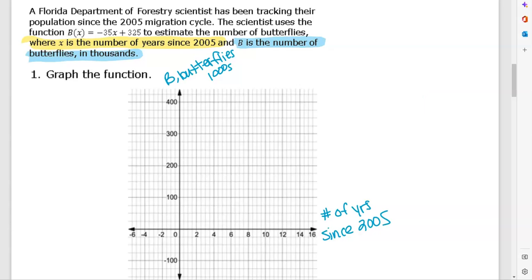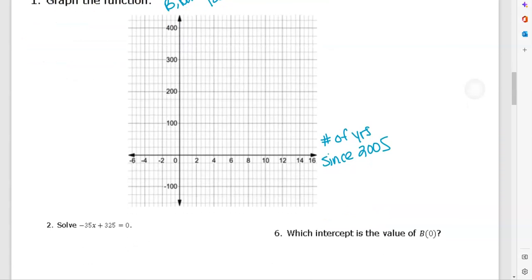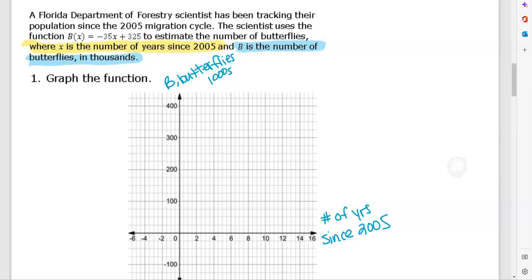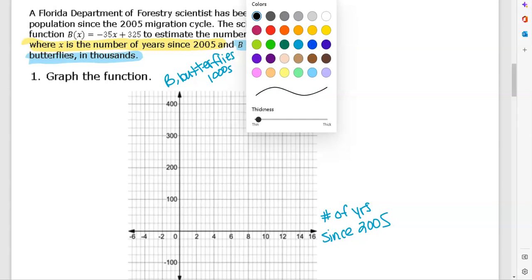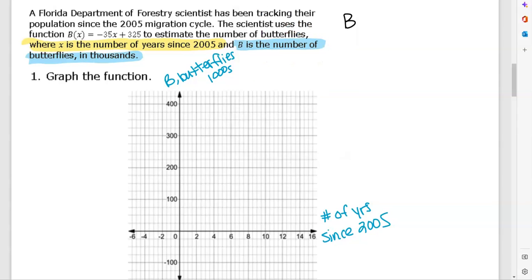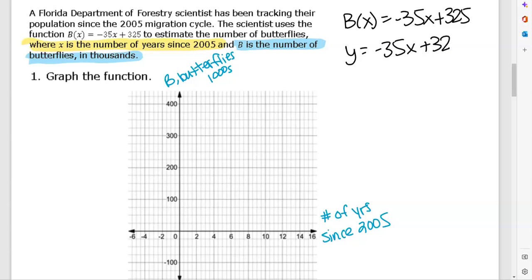All right, the very first thing it wants me to do is graph our function. Do I have to rewrite my function? Let's see, they have given it to me as b of x equals negative 35x plus 325. Look, b of x is y, right? So it looks like we already have it in y-intercept form. We okay with that? Okay.